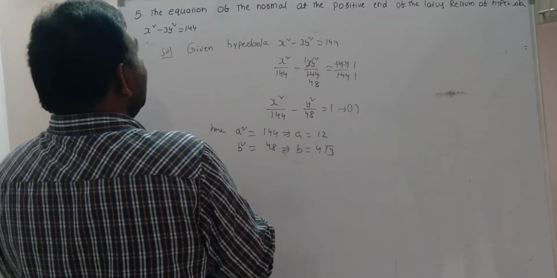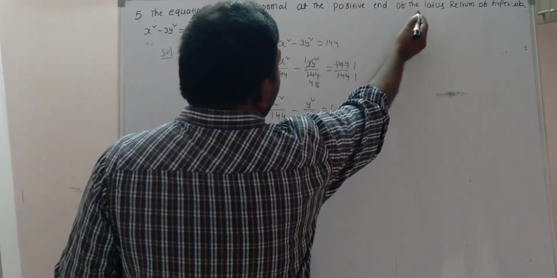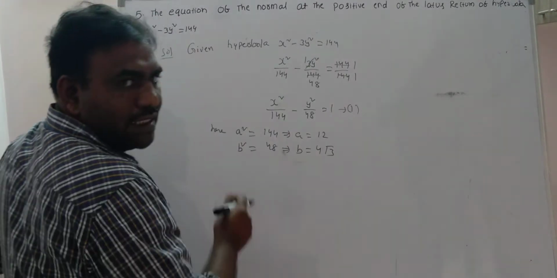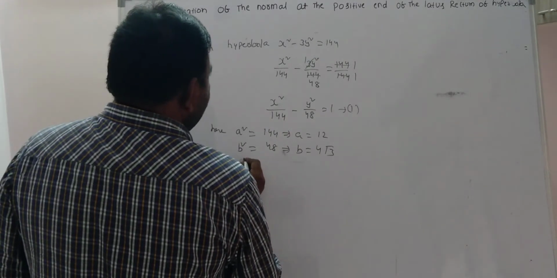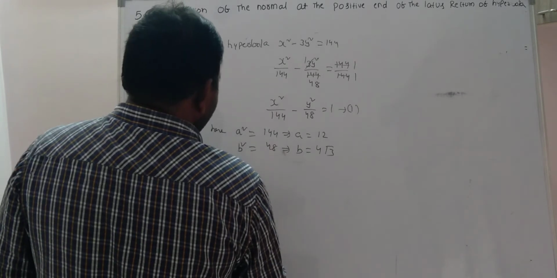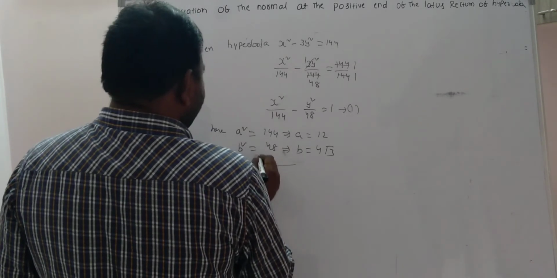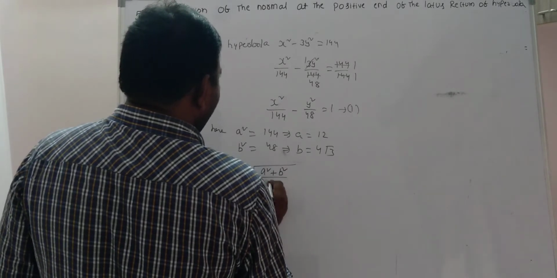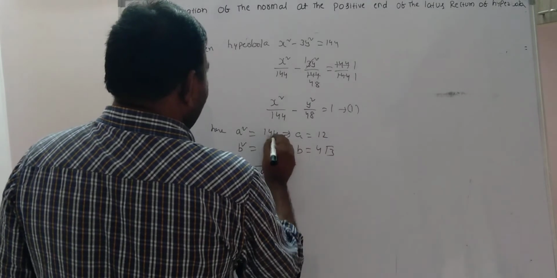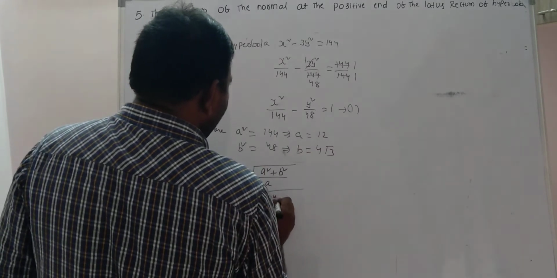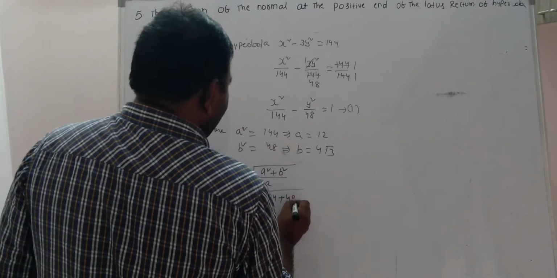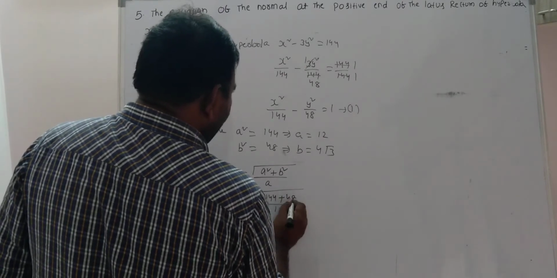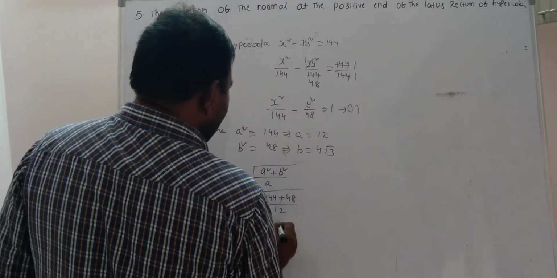Finally, what do we want? We want the equation of the normal at the positive end point of the latus rectum. So here we find the coordinate point of the latus rectum, which means we also find the eccentricity. Here e is equal to square root of a square plus b square, by a. A square value 144 plus b square value 48, under the square root, by a value 12. Adding, we get 192.